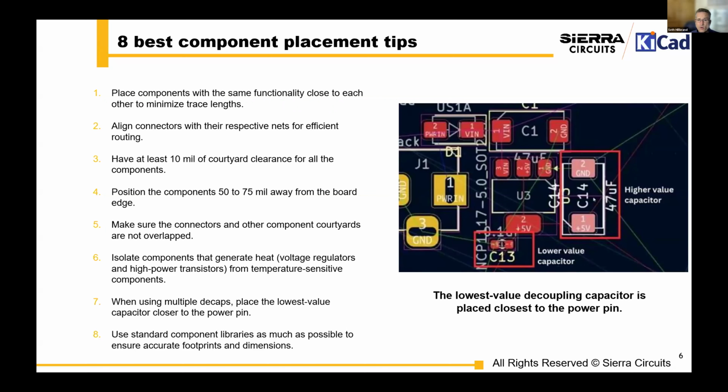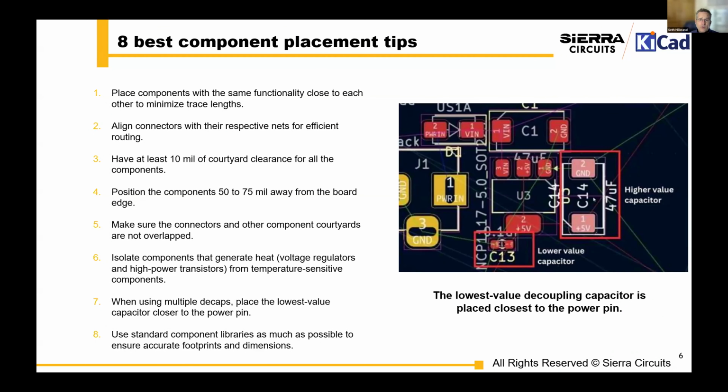You can accomplish this in one of two ways. Either you can design your courtyard with that 10 mil spacing, so you set 10 mil off from the nearest element and draw that polygon or circle or rectangle with 10 mil to the nearest element.